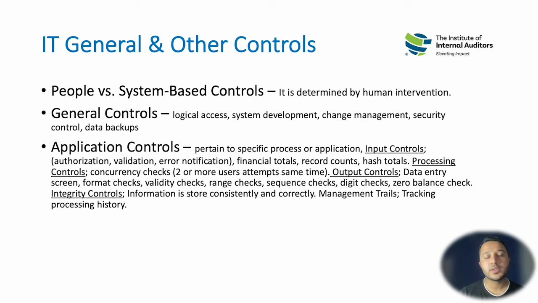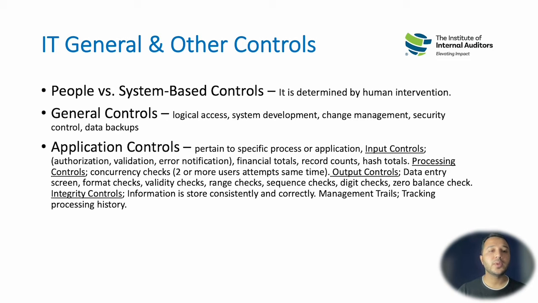Application controls pertain to when you are using an app and the controls which are defined within the app. For example, input controls. There are certain fields where you cannot put an alphabet. They only ask you to put numbers, for example, telephone number. And there might be a restricted number of characters that you can put. So these are all types of input controls.